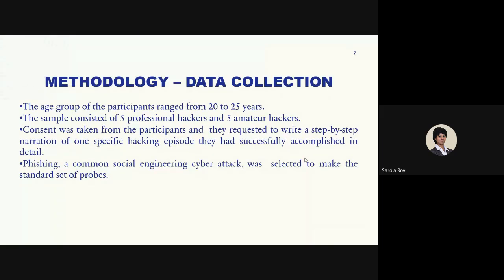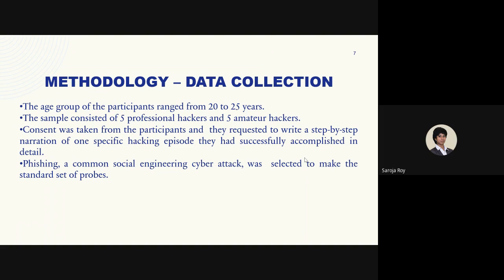So the sample size was actually 10, and the age group of the participants was between 20 to 25. Five were professional hackers and 5 were students pursuing their studies in cybersecurity. Consent was taken from the participants, and they were requested to write a step-by-step narration of a specific hacking episode they have successfully accomplished, in detail.